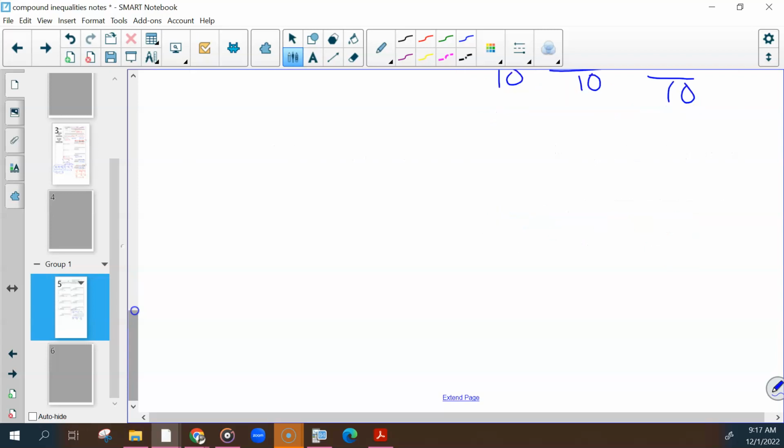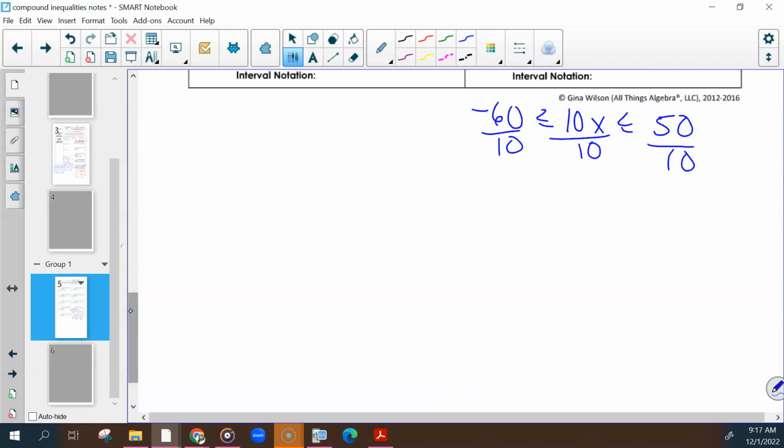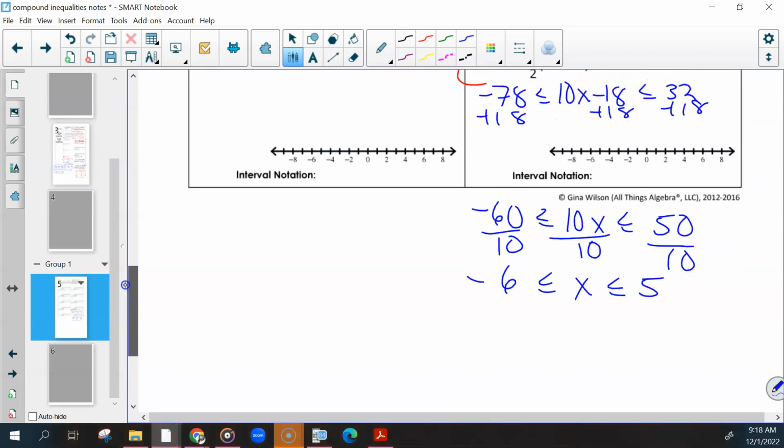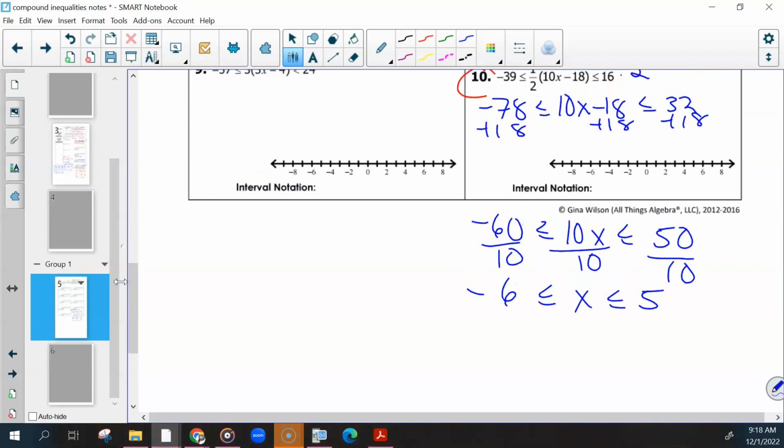Right, divide everything by 10. We have negative 6 is less than or equal to x, which is less than or equal to 5. Then we could graph this. These will both be closed. So since they're both closed, your interval notation will have 2 brackets.